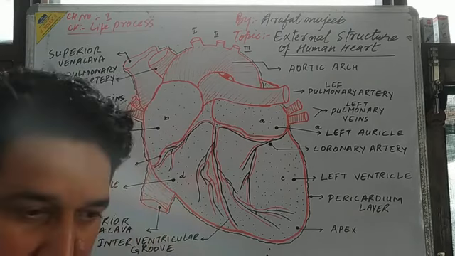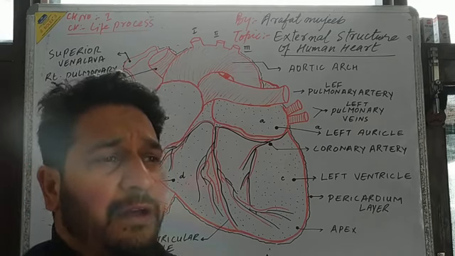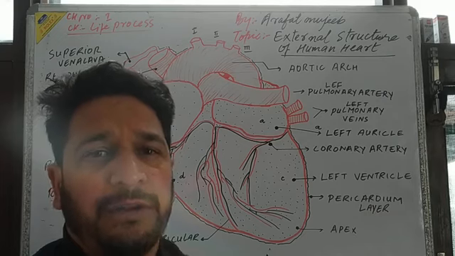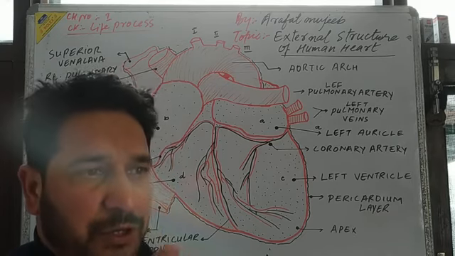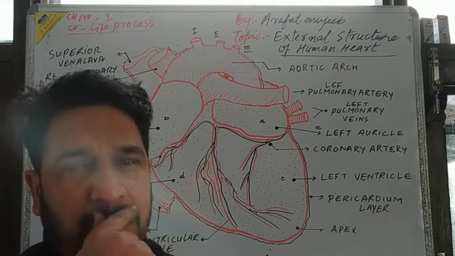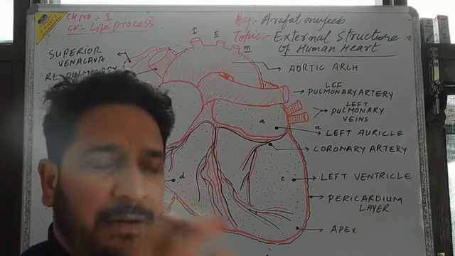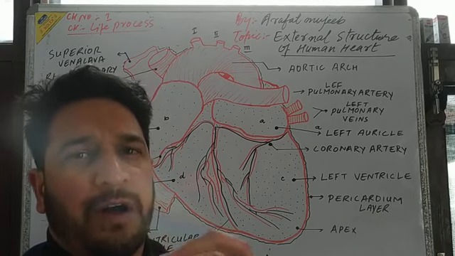First is the appearance. It is a conical organ, and at the top it is the apex, where a lot of blood vessels reach.